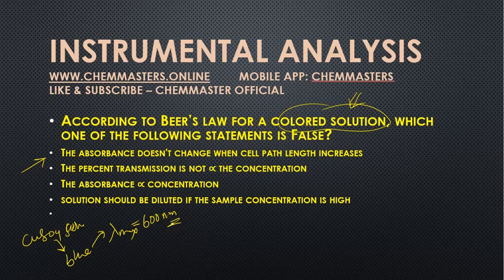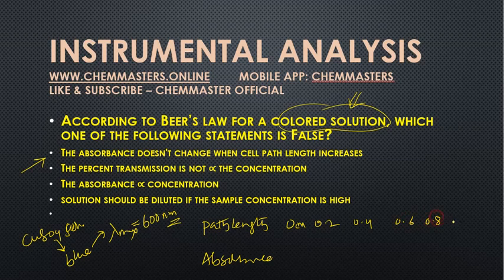So for this, we take a plot of path length versus absorbance. I'm just starting from 0 centimeters, then 0.2 centimeters, 0.4, 0.6, 0.8, 1 centimeter.